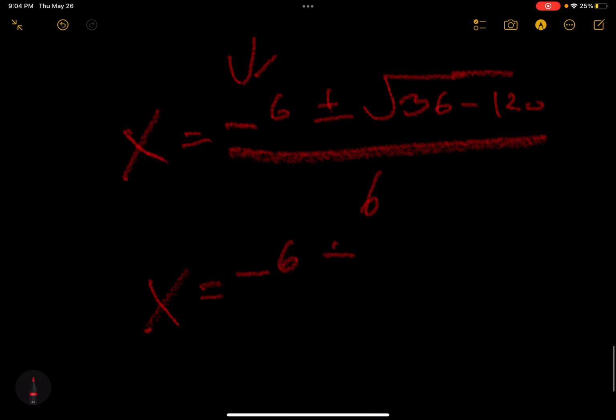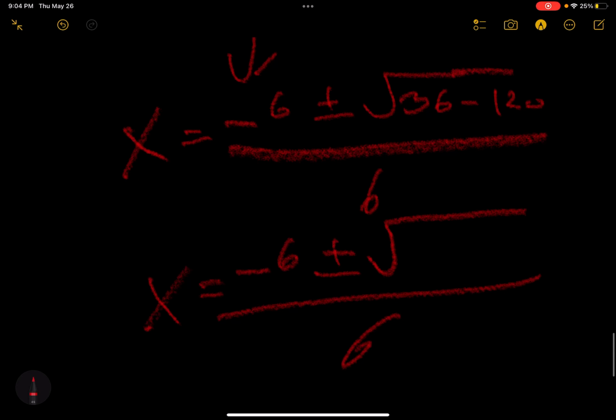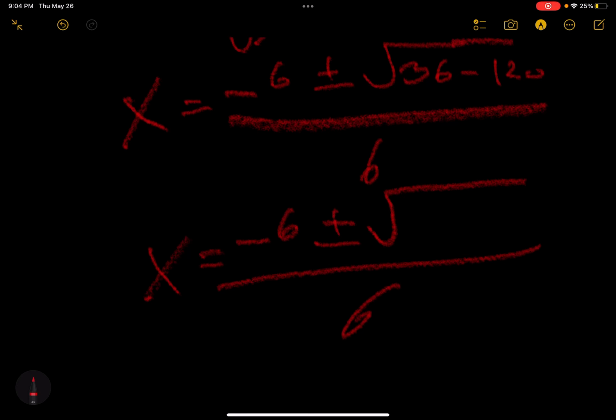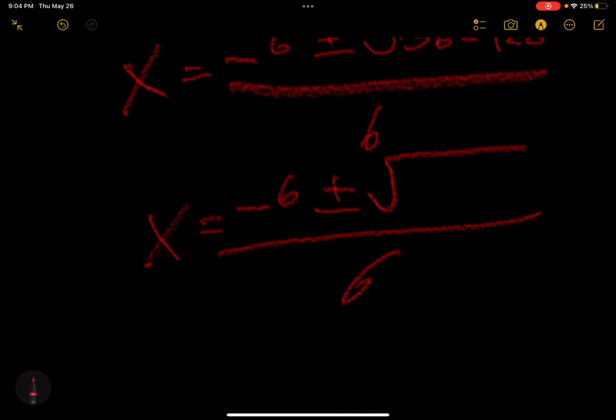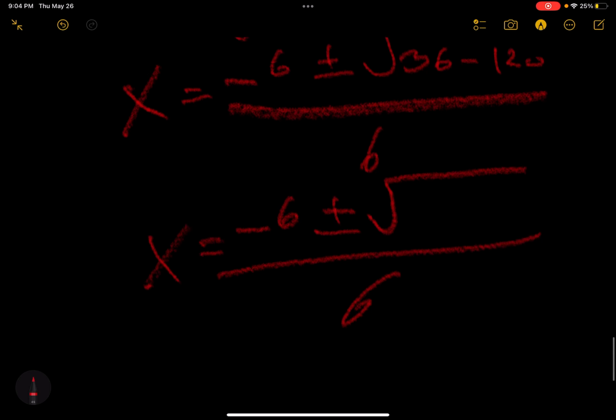Negative 6 plus or minus the square root of over 6. So, I'm going to take the calculator out, because I don't want to waste anybody's time right now. 36 minus 120 equals negative 84. Whoa, would you look at that?